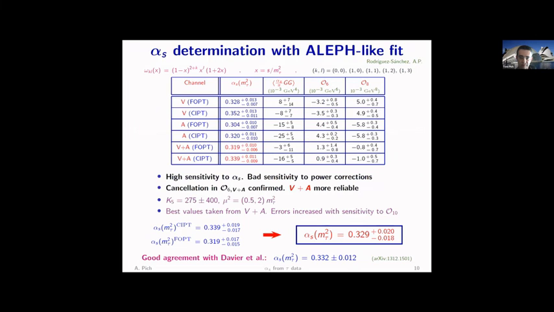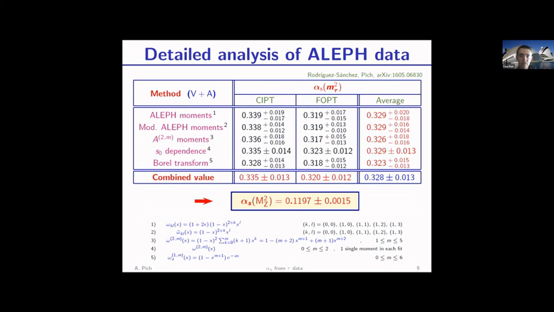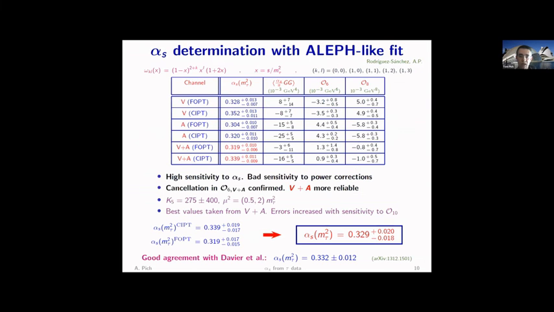In the table, by the way, I have only shown results obtained with the full vector plus axial distribution. But you can also do separate analysis with the vector channel, with the axial channel, or with the sum, and you find consistent results in all cases.